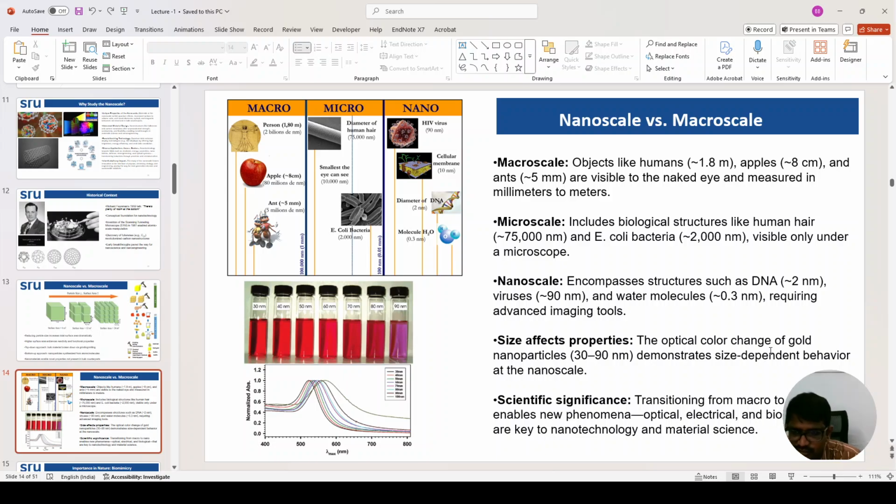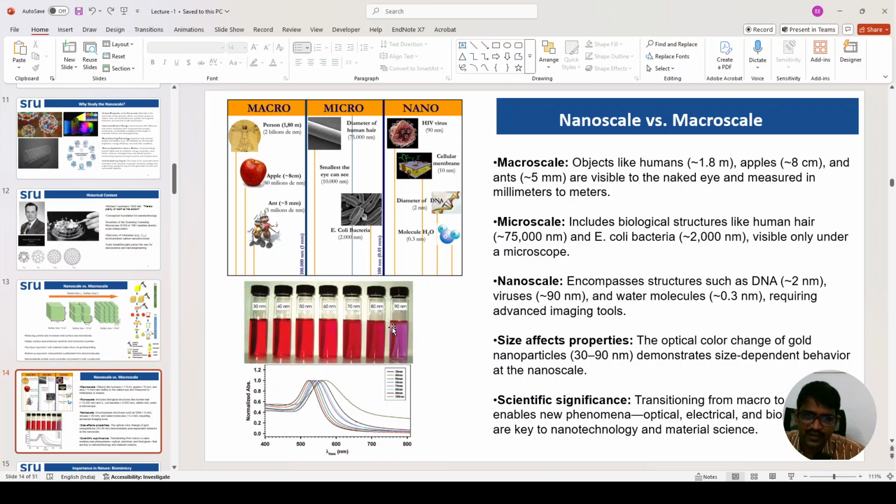See the optical color change of gold particles from 30 to 90 nanometers demonstrates size dependent behavior at the nanoscale. Usually when we see gold ornaments, they are yellow in color, but this is nano gold.